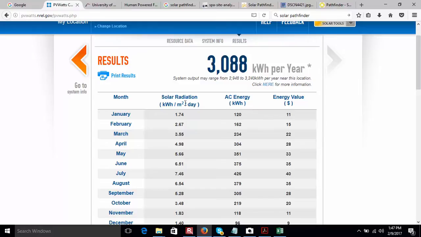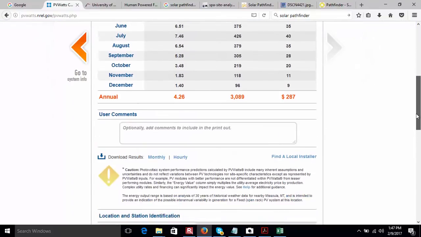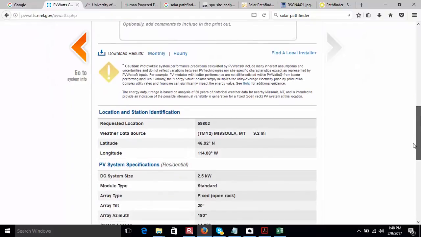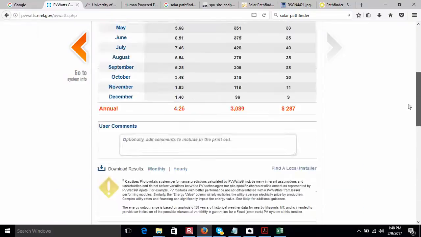So here's our solar radiation, kilowatt hours per day, obviously lower in January. It peaks in July, then tapers off. Here are your kilowatt hours, and there are your dollars. It kind of spits back at you what you're after.